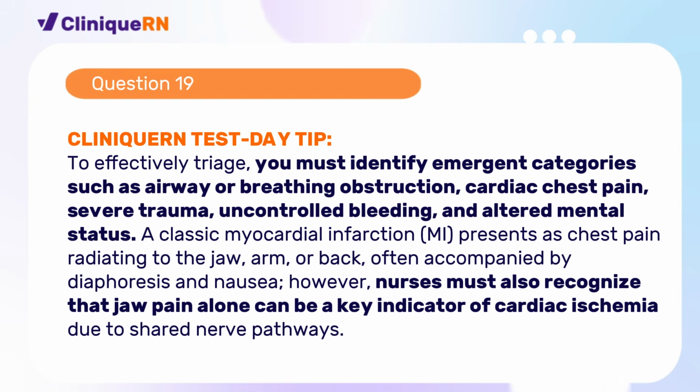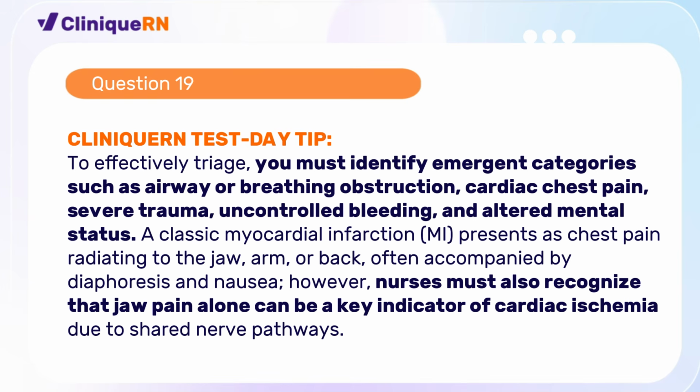Clinique RN Test Day Tip. To effectively triage, you must identify emergent categories such as airway or breathing obstruction, cardiac chest pain, severe trauma, uncontrolled bleeding, and altered mental status. A classic myocardial infarction, MI, presents as chest pain radiating to the jaw, arm, or back, often accompanied by diaphoresis and nausea.